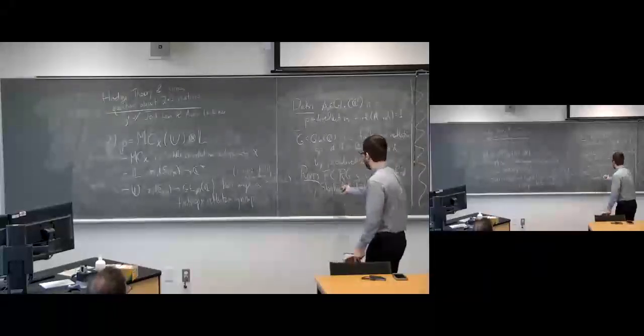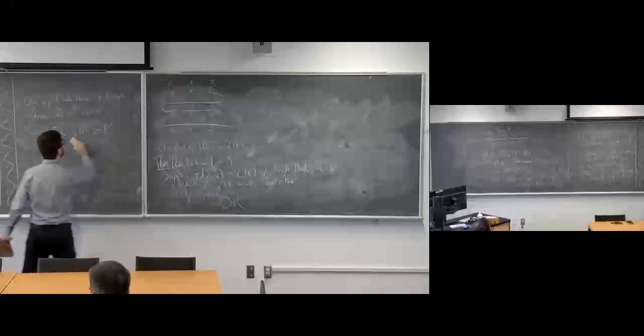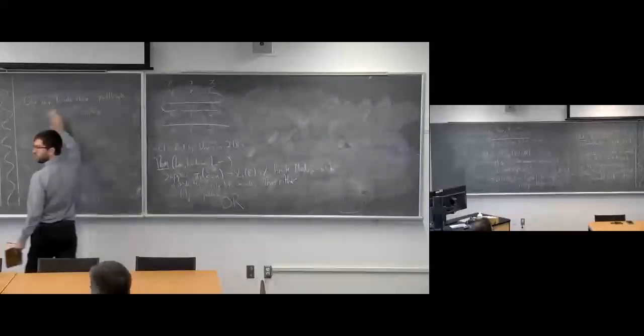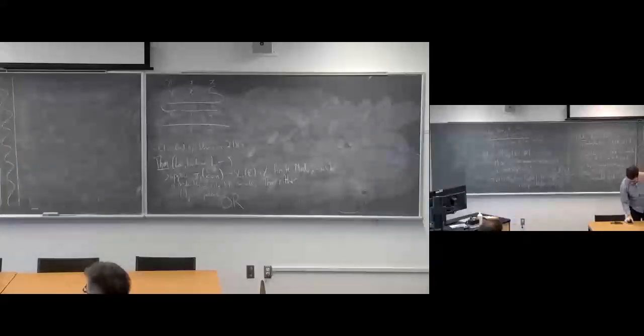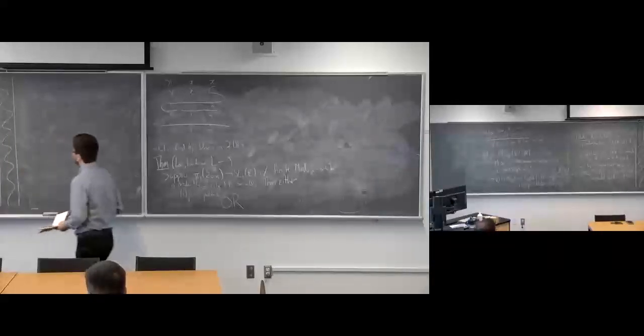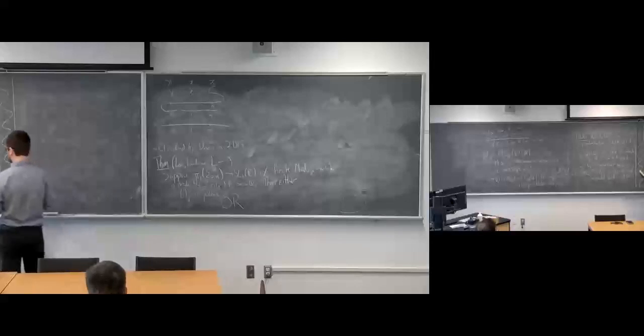Maybe let me just say a little bit more about what the classification of FCRGs looks like. How am I doing on time? 10 minutes. Okay. So what does the classification look like?